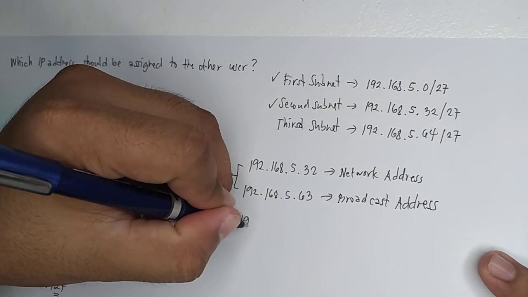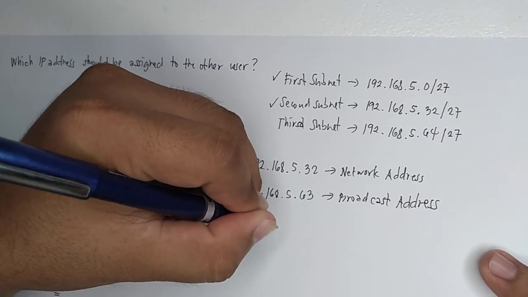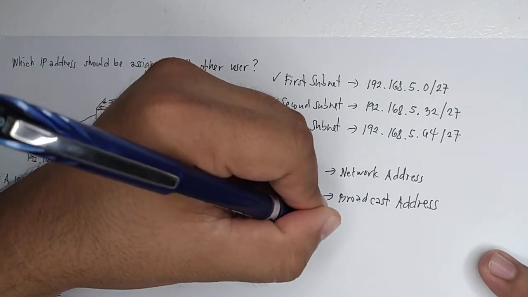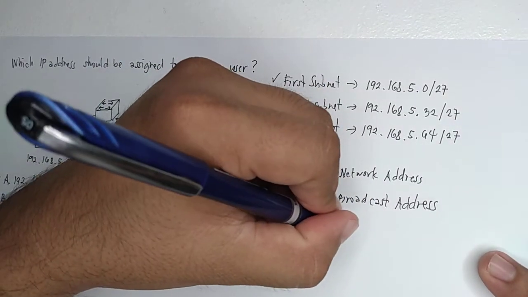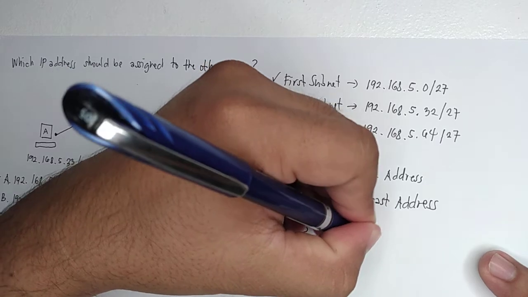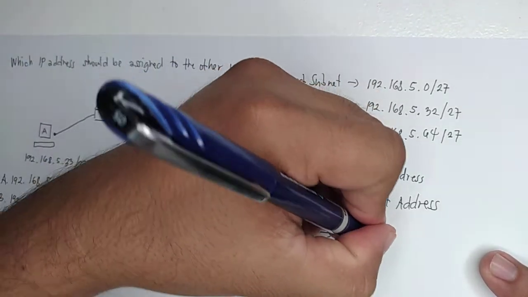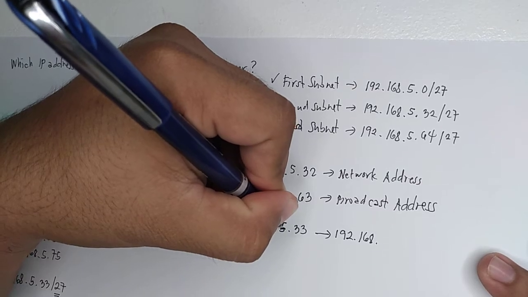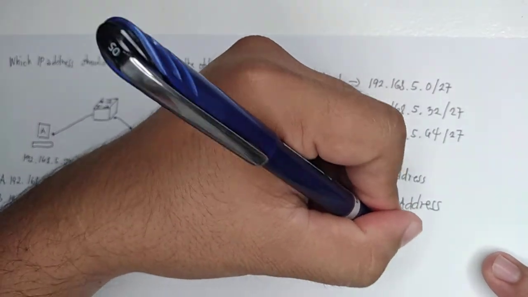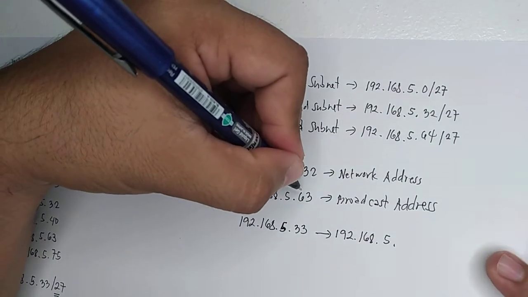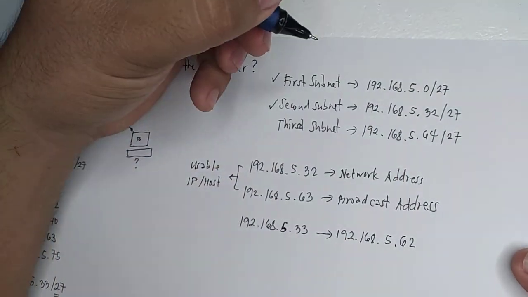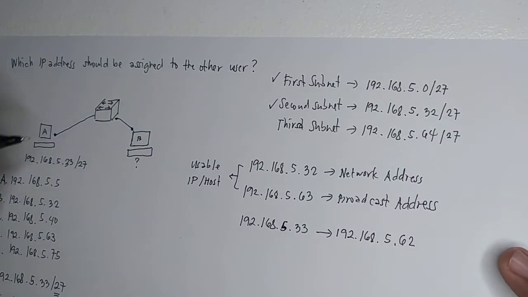We have from 192.168.5.33 until 192.168.5.62, one less than the broadcast address.